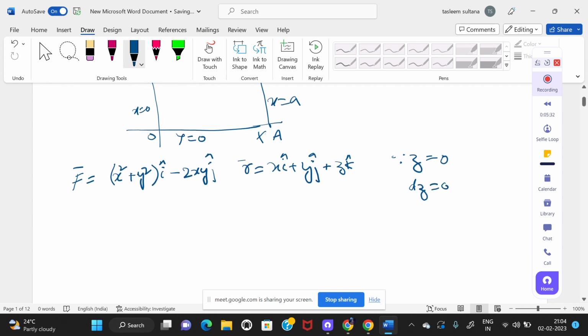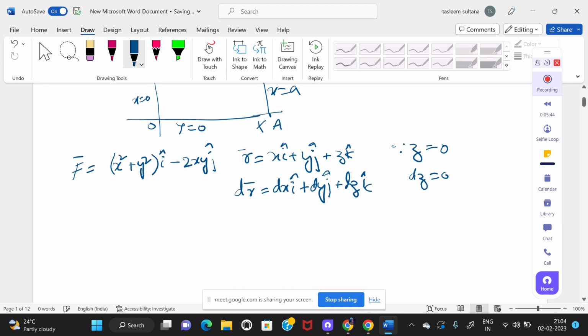Then dr is equal to dx into i vector plus dy into j vector plus dz into k vector. When I substitute this value, the last term will vanish. So dr vector is equal to dx into i vector plus dy into j vector.